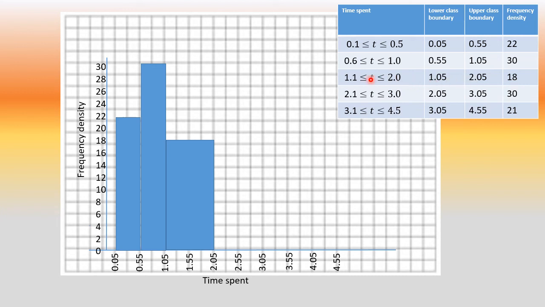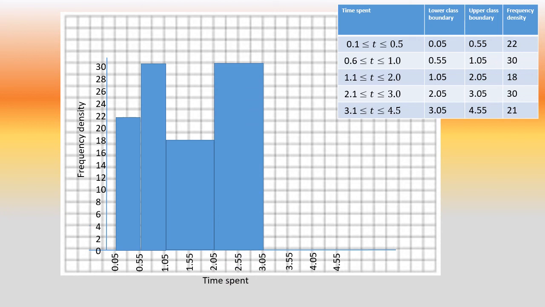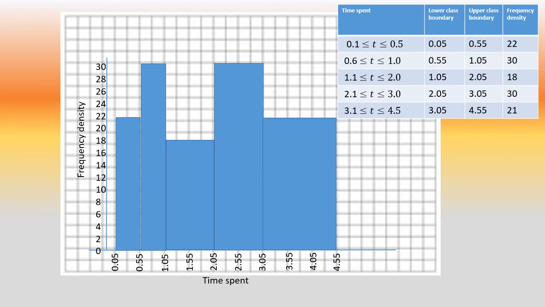I am drawing this for the class boundaries of 1.05 to 2.05, and the frequency density is 18. So that is the third bar, and the fourth one is from 2.05. That means this particular class interval, I will draw it for the class boundaries of 2.05 to 3.05, and the frequency density is 30. And the last one is from 3.05 to 4.55, the frequency density is 21. So it has a height of 21.